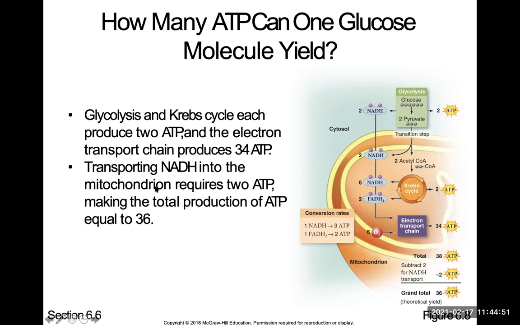Transporting NADH to the mitochondria requires 2 ATP, making the total production 36. I'm trying to remember whether it needs ATP to bring it to the mitochondria from the cytoplasm here or there, but just know that 2 ATP is needed to transport those NADHs.